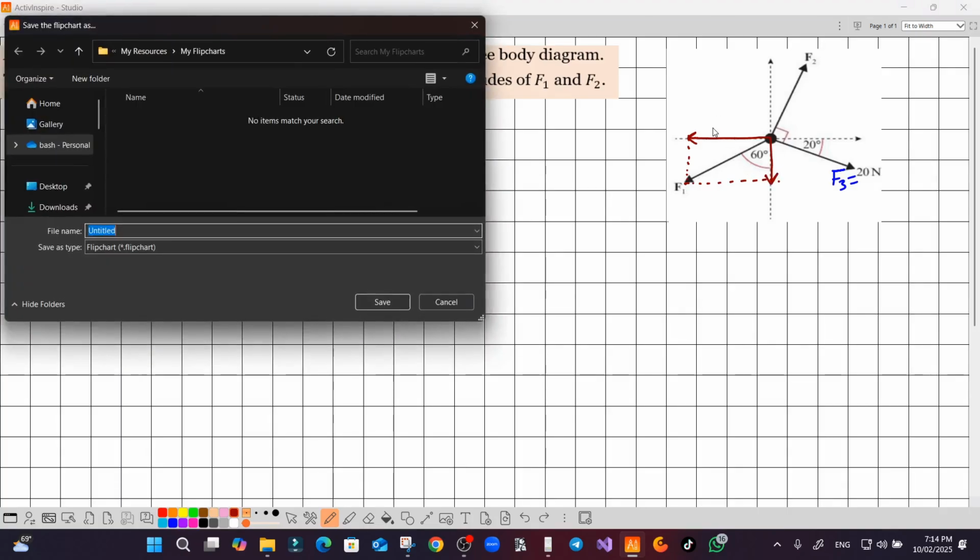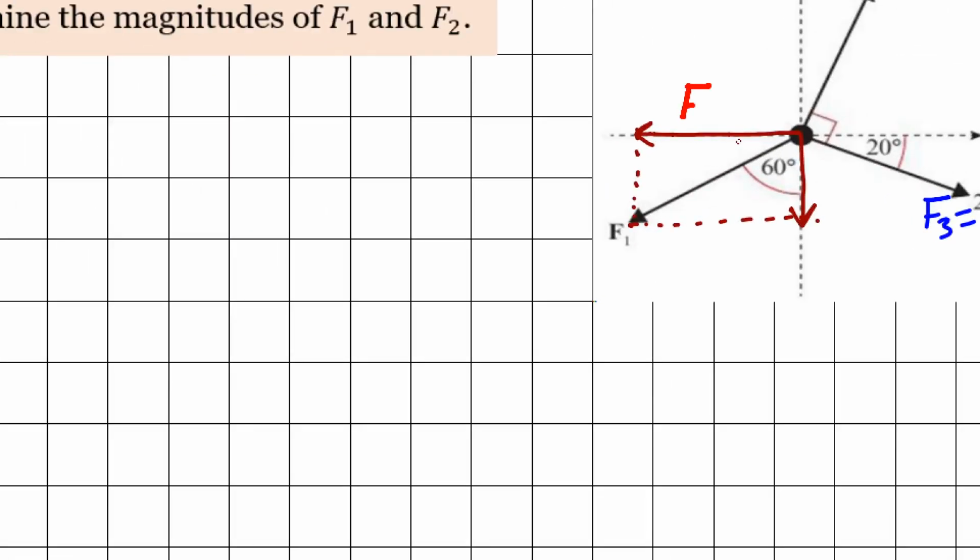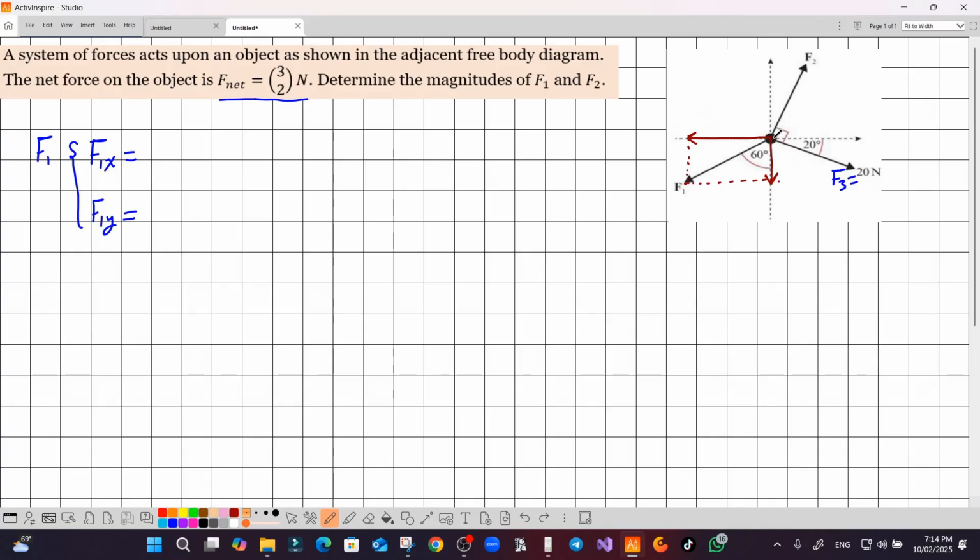This one represents F1x and here represents F1y. However, we need to find the magnitude of each of these forces. In order to find the magnitude of each force, we need to use the cosine and sine.